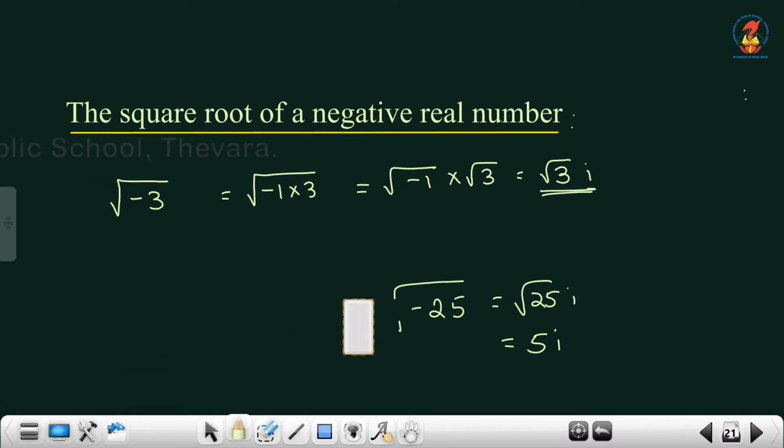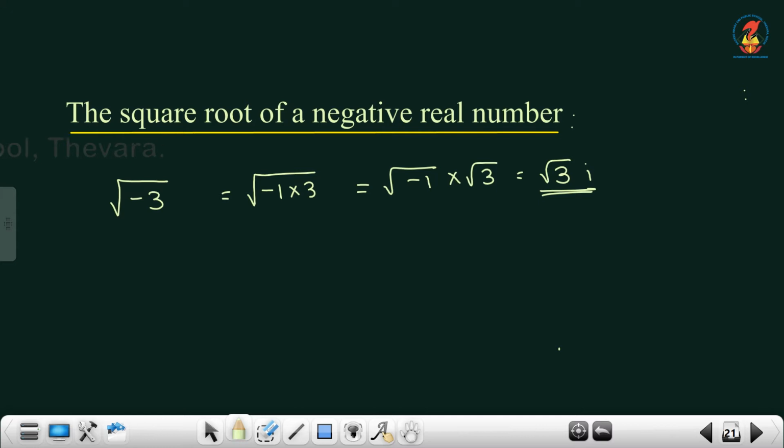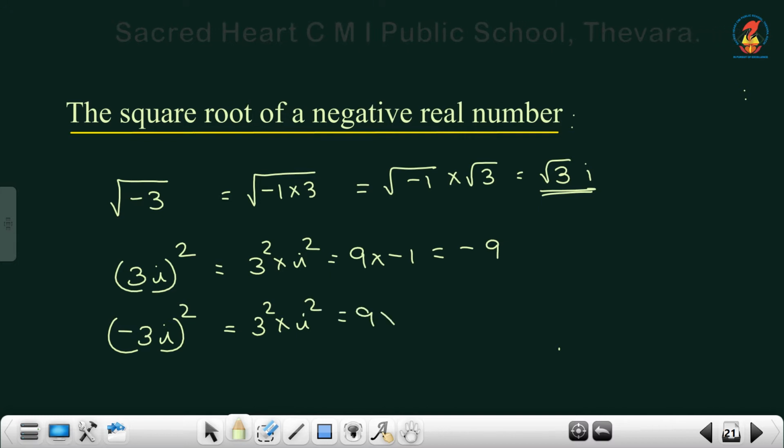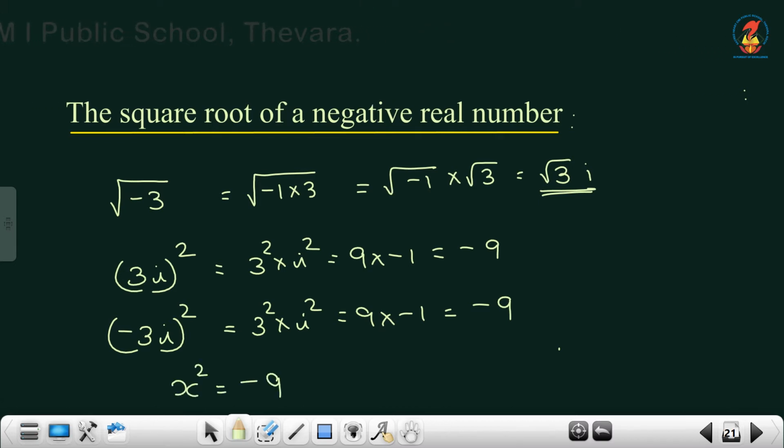Okay. Then, but what is 3i whole square? 3i square means 3 square into i square, that is 9 into minus 1, that is minus 9. And what is minus 3i whole square? Minus square is always positive. Again 3 square into i square, 9 into minus 1, that is equal to minus 9. So, if x square is equal to 16, you know how to write x. x is equal to plus or minus 4.